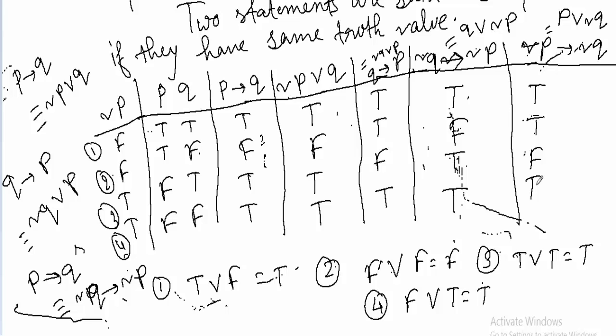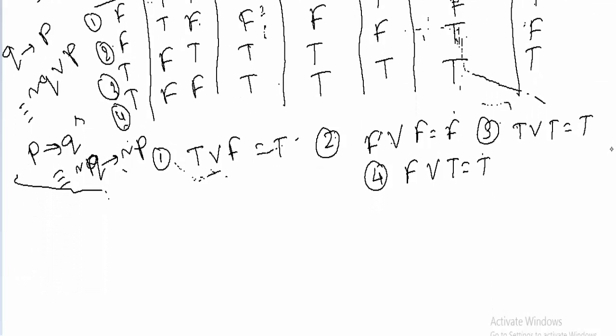So from here we can conclude that P implies Q is equivalent to its contrapositive, but not equivalent to the converse or inverse. And the converse and inverse are equivalent. The converse and inverse of a conditional statement are equivalent.